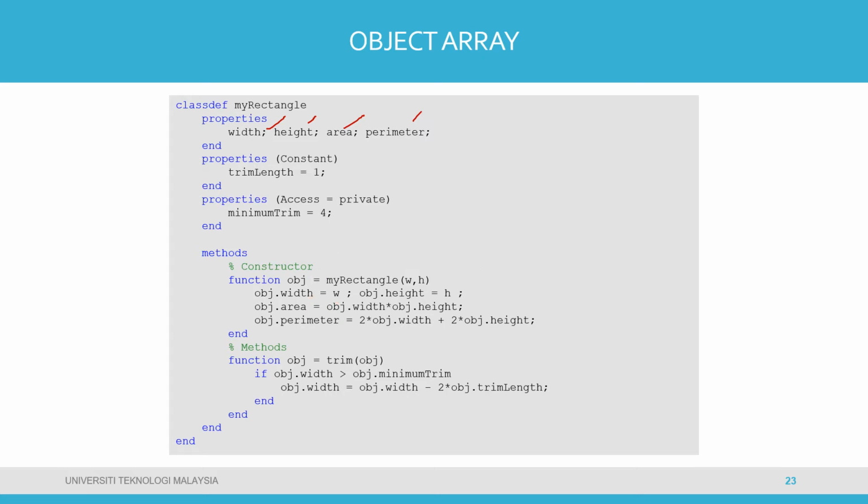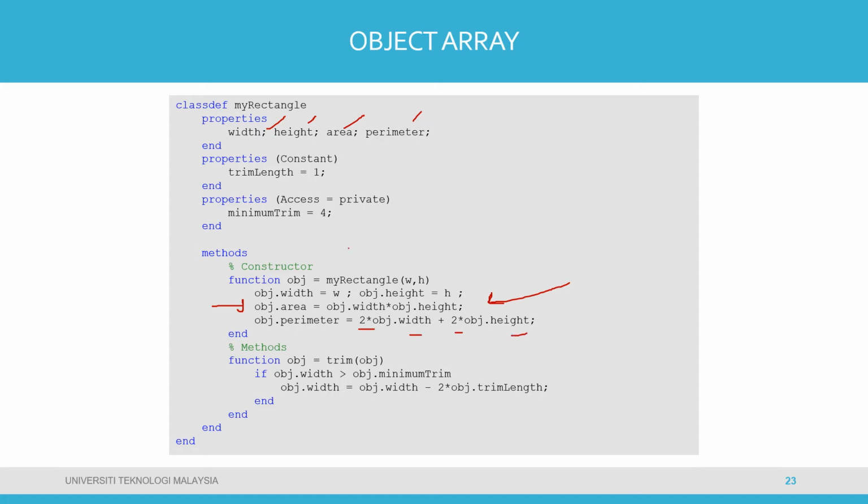So you can see here object dot area is object dot width multiplied by object dot height. And then object perimeter, which is the length of all sides. So basically 2 multiplied by width and 2 multiplied by height.